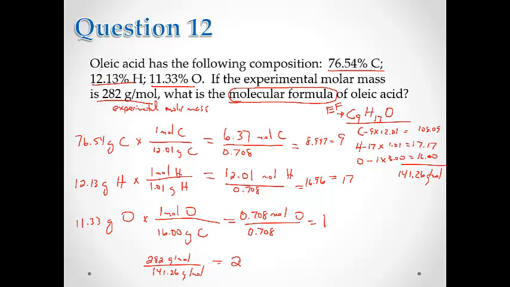So your multiplier is going to be 2 times whatever the empirical formula was. So instead of C9, it's going to be C18, H34, and oxygen is 2. This is your final answer. But I need to see all of these steps in between to give you full credit for the whole thing.